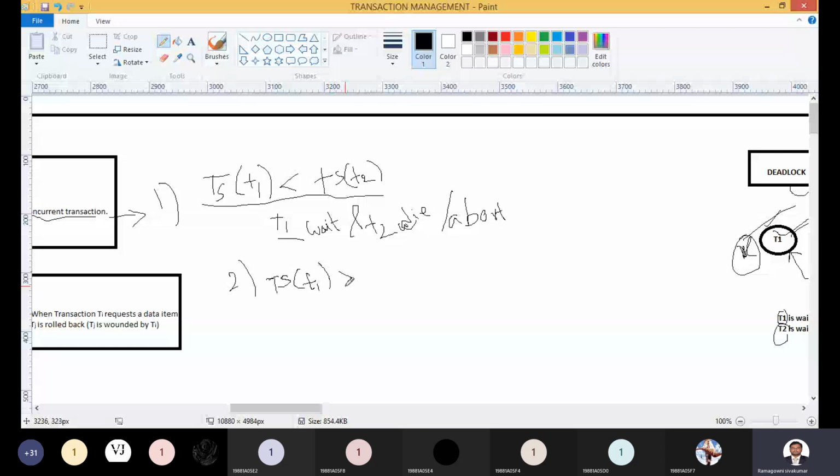Then T2 will be in the waiting queue and T1 will die.